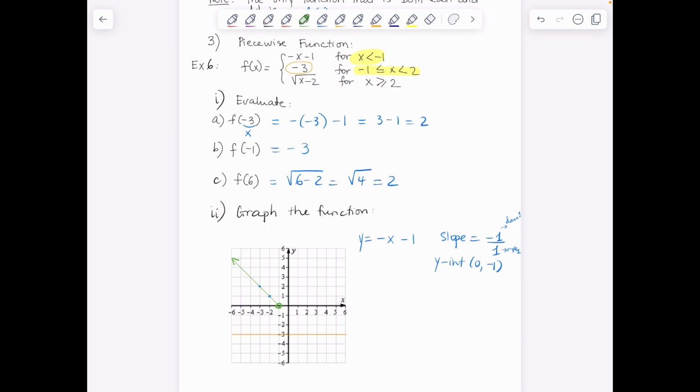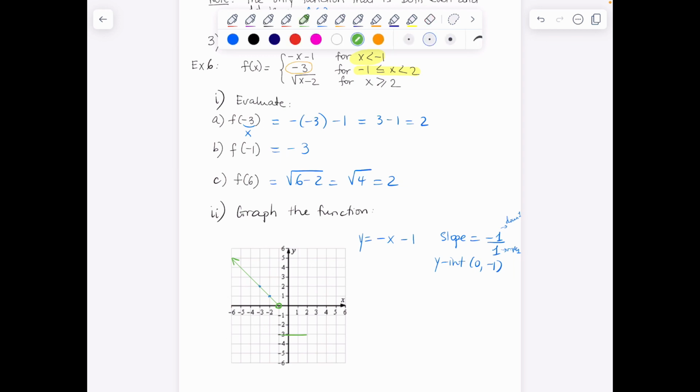So -1 is here and 2 is here. So we can only keep this middle section that is in between, and we are going to erase everything else. So there is the second piece of the graph.